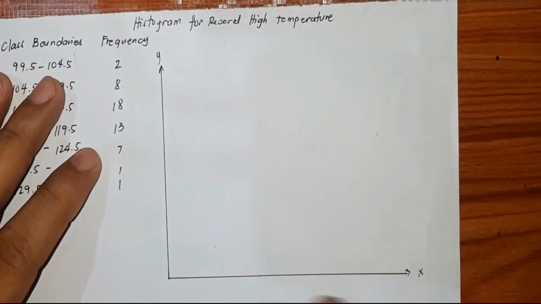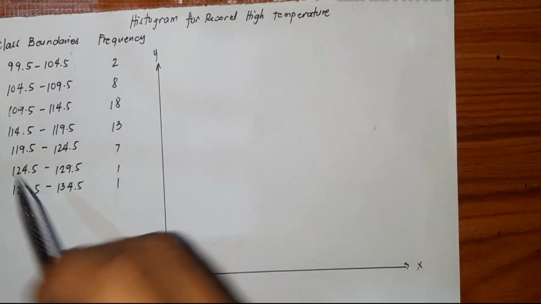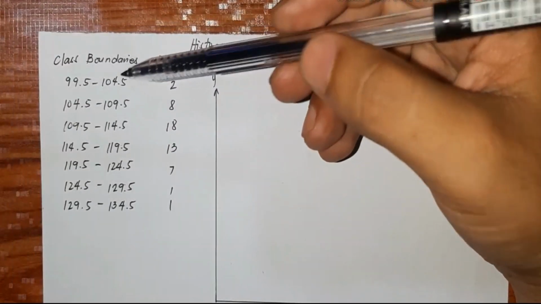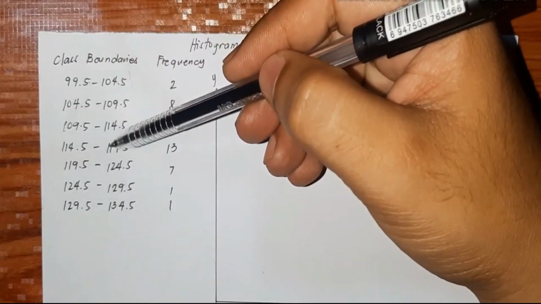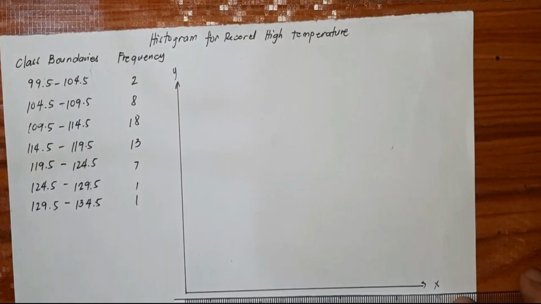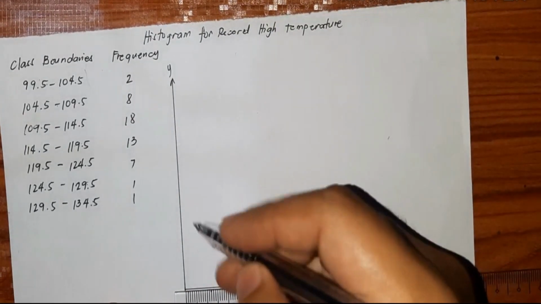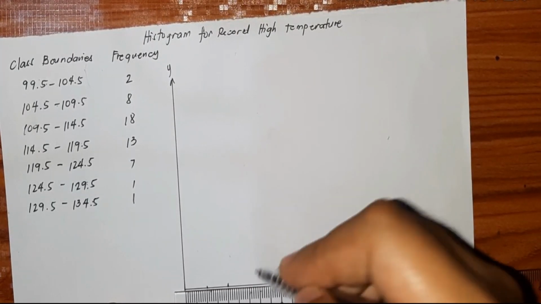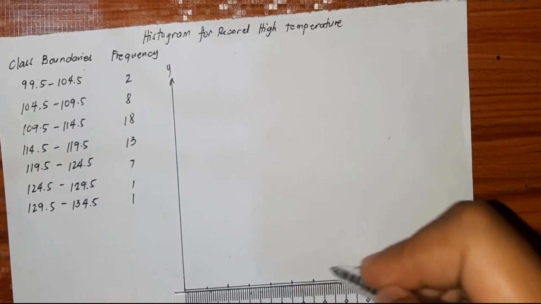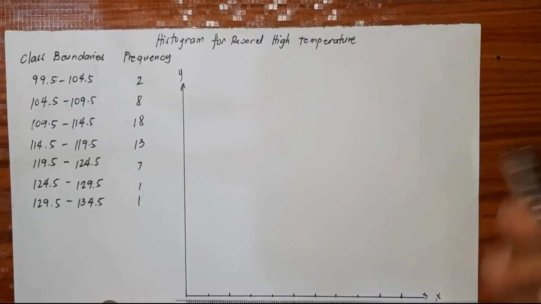In labeling both axes, for the horizontal line, our reference is the class boundaries. Bilangin natin yung class boundaries natin: 1, 2, 3, 4, 5, 6, 7, and 8 kasama natin si 99.5. Let us count from 0: 1, 2, 3, 4, 5, 6, 7, 8, 9, and 10.